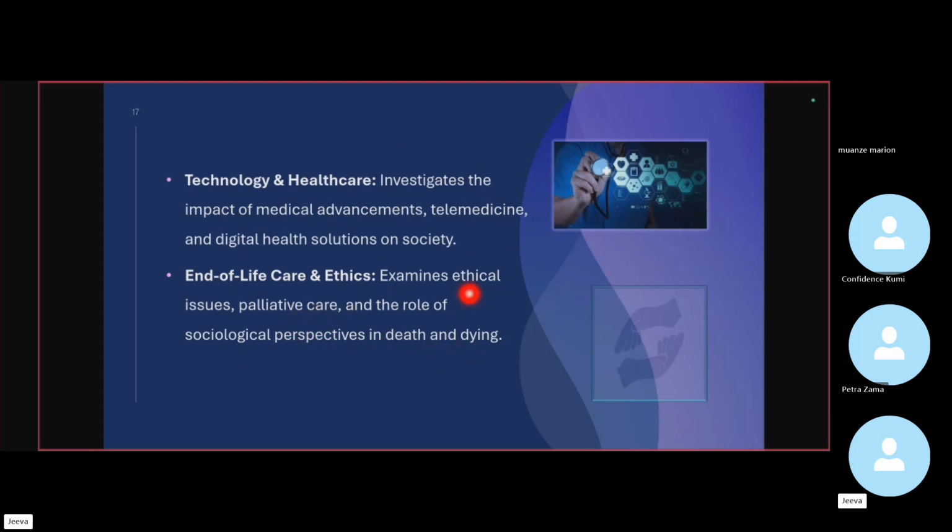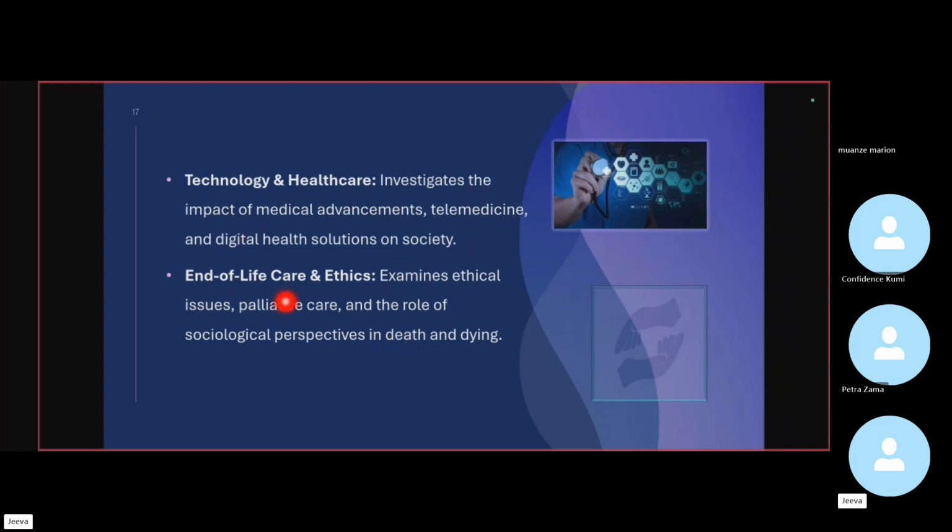Even in death, everything will be taken care of by the medical professionals. So that is end of life care and ethics. People who are so sick that they are not able to come to the hospitals, the medical professionals will visit their home, and at home they'll provide all the medical facilities. Even if they die, that also will be taken care of by the medical professionals.